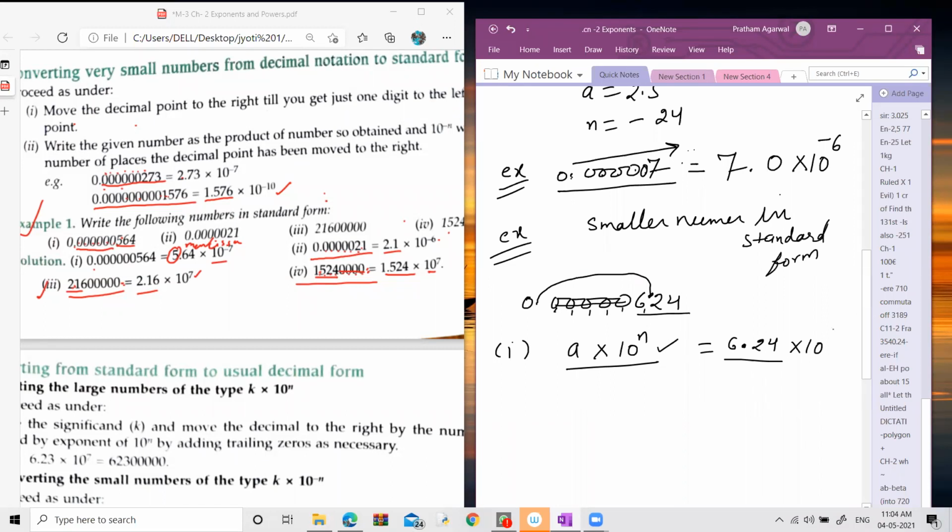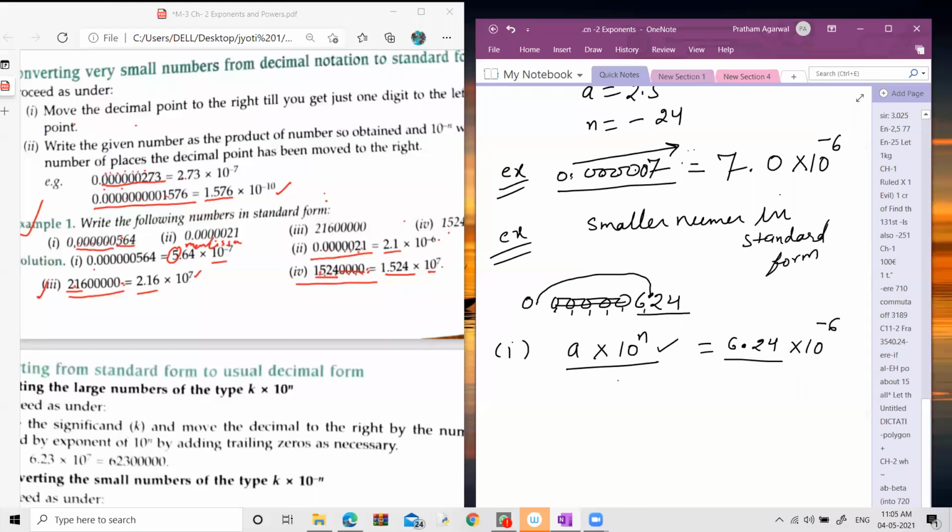So you have to put 6 as the power on 10, and you are moving the decimal left to right, that's why the power is negative. The standard form of this number is 6.24 into 10 to the power minus 6.